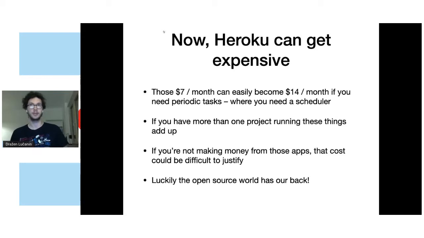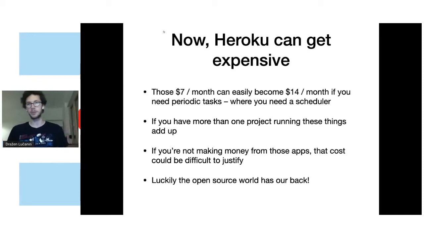Maybe you need a scheduler that has to be a separate process, so you need to cash out for another dyno. Also, this might just be, like we mentioned, a hobby project, maybe a culinary app for your family. Maybe it's a startup project that's not generating any revenue yet. Maybe you don't really have many users just yet. So if you're not making any money from these apps, these costs can really add up quickly.